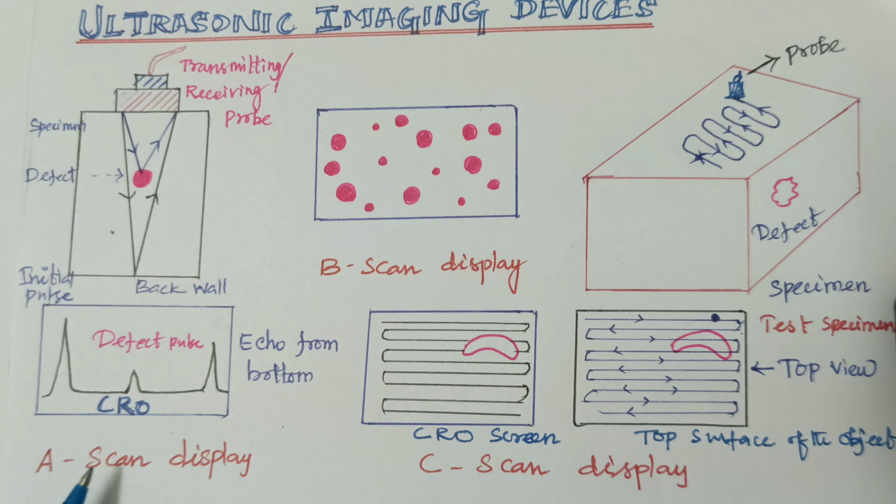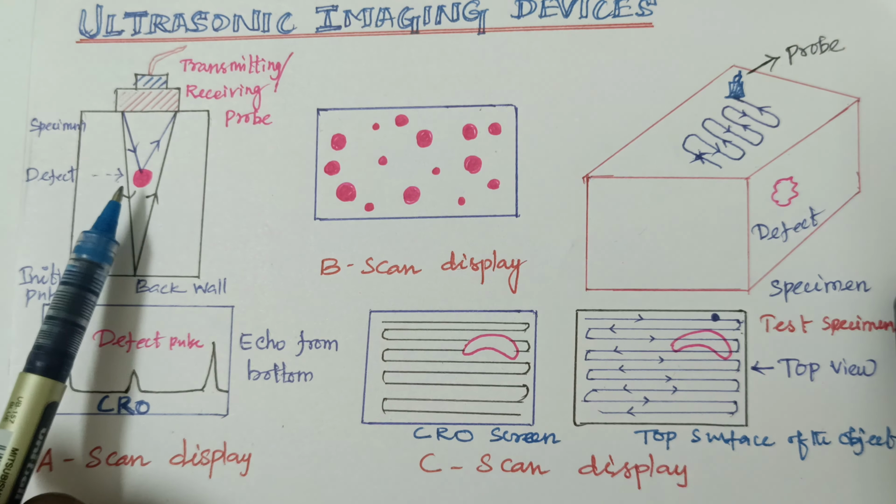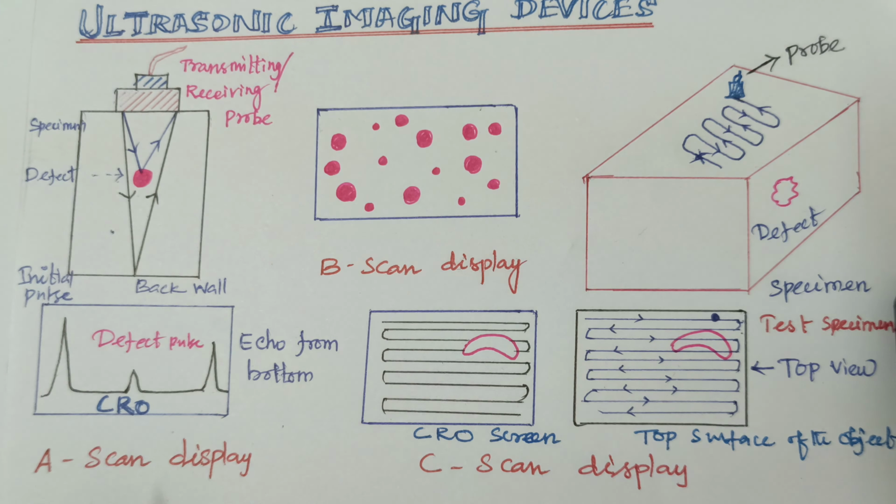From this A-scan display, you can find the depth of the flaw by measuring the time interval between the initial pulse, echo pulse and defect pulse. You know the formula: depth D is equal to VT divided by 2.